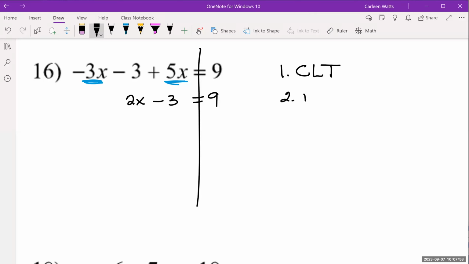Step 2, we are going to isolate the variable. Okay, we're going to need to get rid of the 2 and the -3. So we're using the order of operations backwards. The number that's loosely attached is the 3.